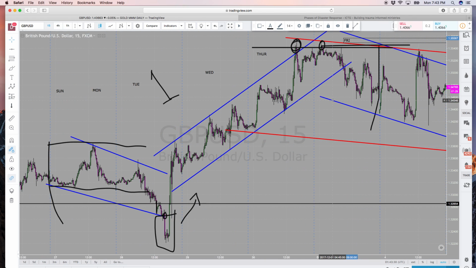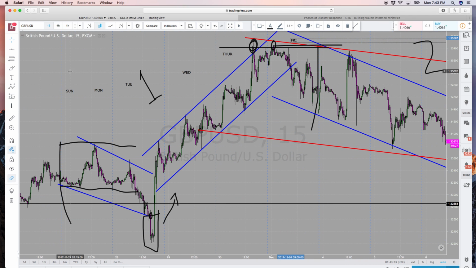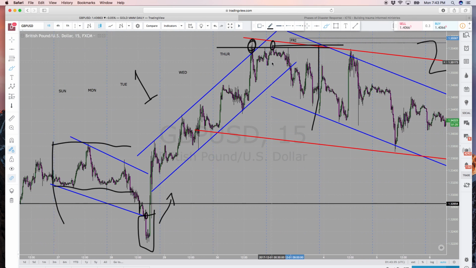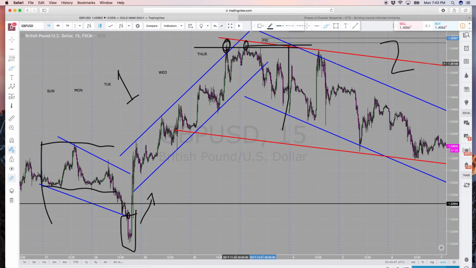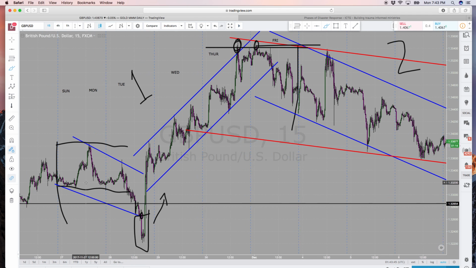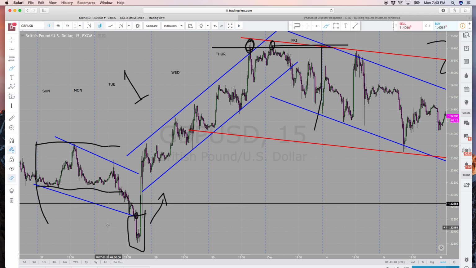So, how did the market react midweek? Basically, we had our first 3 days, right, which were basically consolidation and a trap.